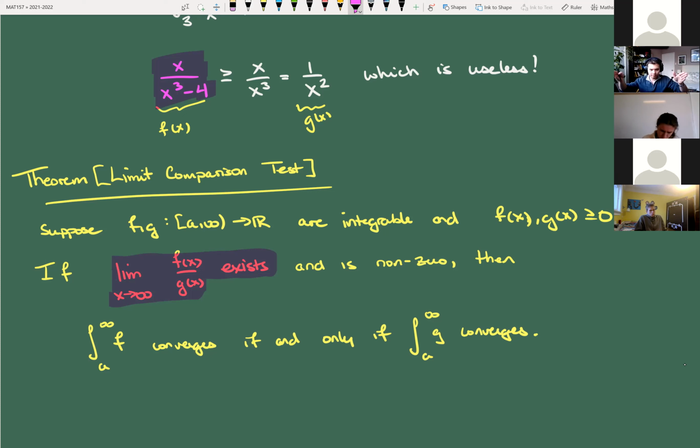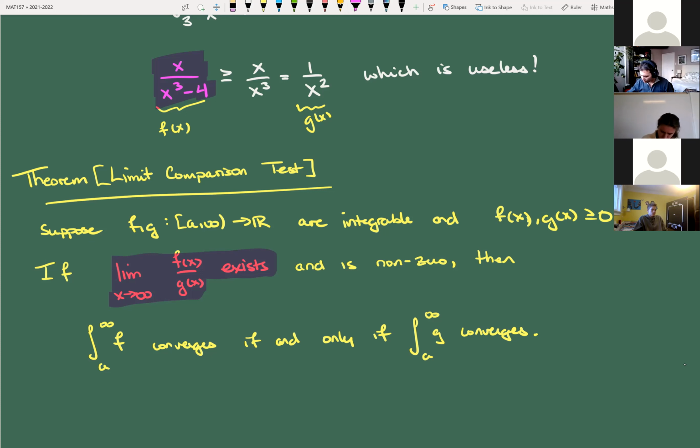Does that make sense? And this is great because we don't need to worry now about this sort of manipulation of inequalities. Doing this limit, believe it or not, is most of the time actually easier than manipulating inequalities.